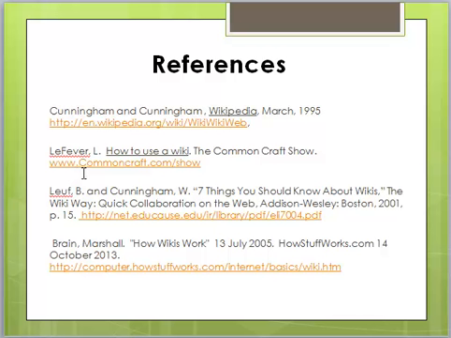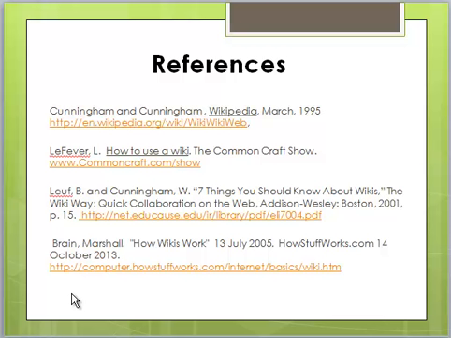The Common Craft Show is a website you can go to read more or see more about how to use a wiki. And also there's a couple of more references here that may come in handy and be helpful to you as you research the wiki websites.